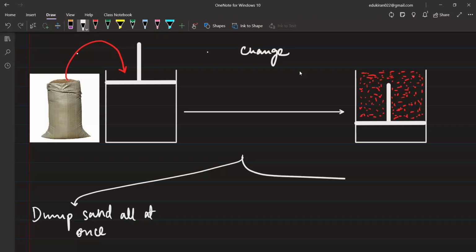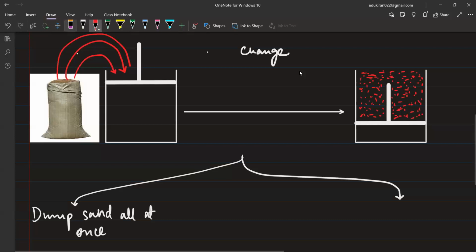Or another way, which is going to take a lot of time, but still we can talk about it, in the sense that ideally speaking, something can happen like this. I will take 1 grain of sand, 1 particle of sand, then I will put it here. Then I will take another, then I will put it here. And slowly, I will be putting more and more particles of sand, and then I can dump the complete thing.